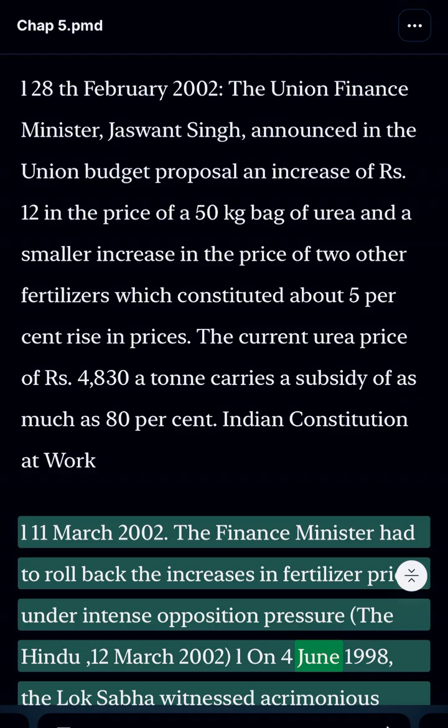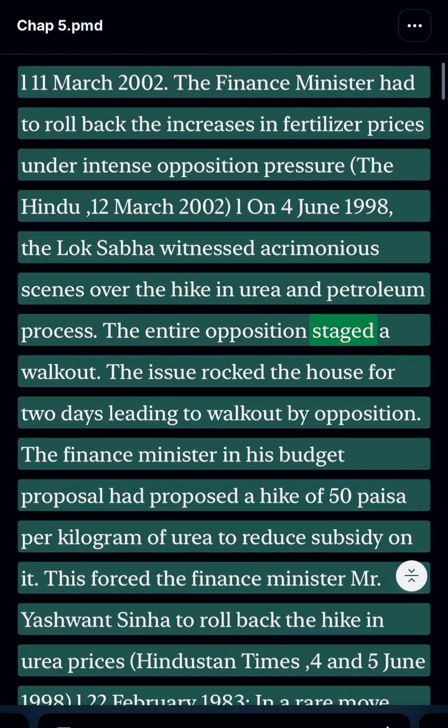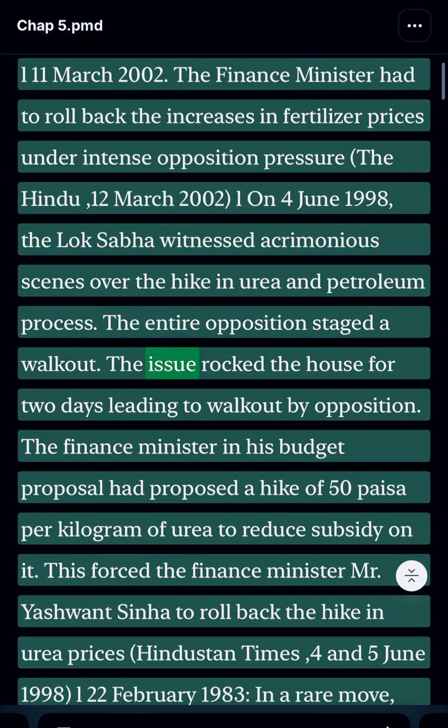On the 4th of June, 1998, the Lok Sabha witnessed acrimonious scenes over the hike in urea and petroleum prices. The entire opposition staged a walkout. The issue rocked the House for 2 days, leading to a walkout by the opposition.